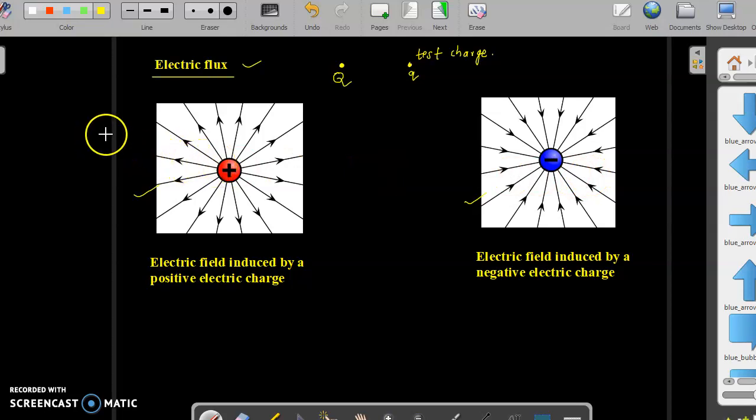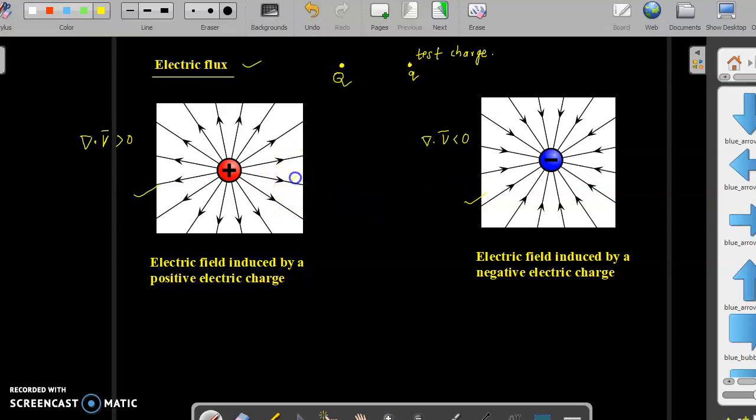For this, we are using the divergence operator. So here it is greater than 0. Here it is less than 0. So the divergence operator we can use to find whether the lines of force are converging or diverging.